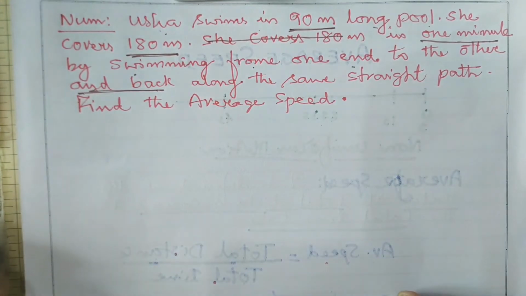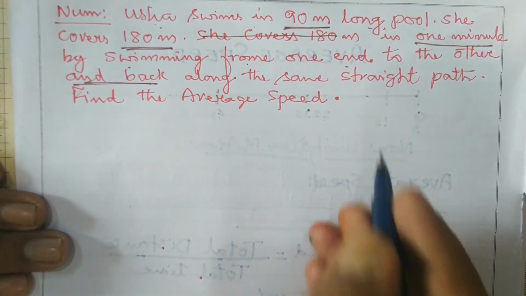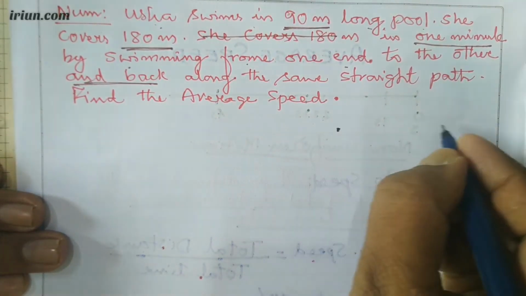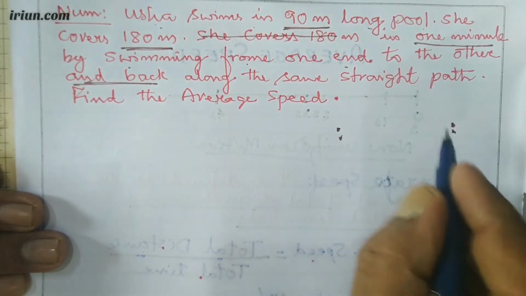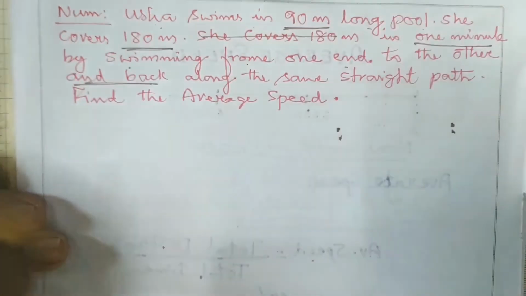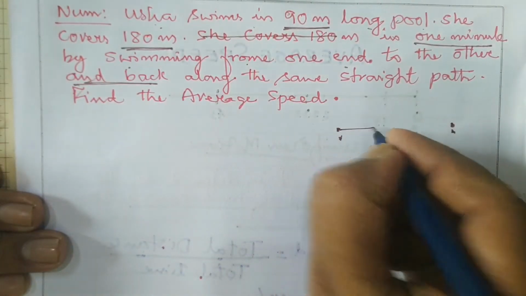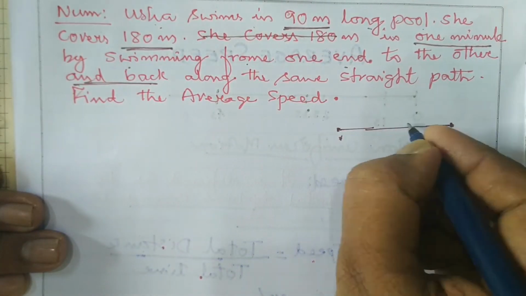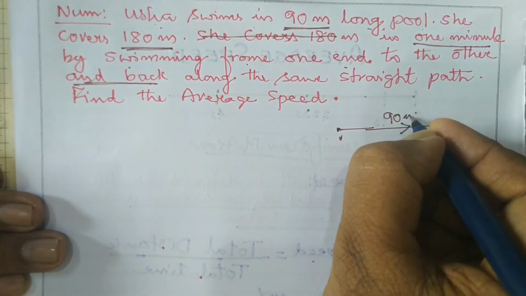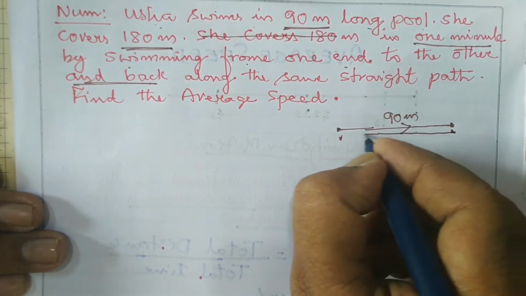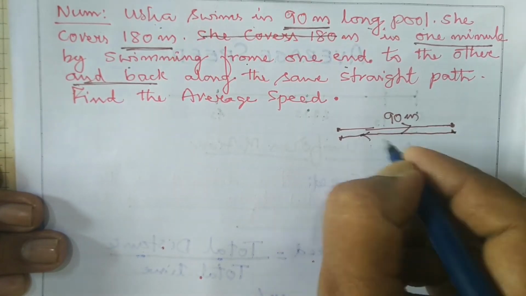Let me draw a simple diagram, you will understand it. This is a starting point, this is the end point, and from here again come back here. Now let us see, from here to here, it is 90 meter. Back again 90 meter.